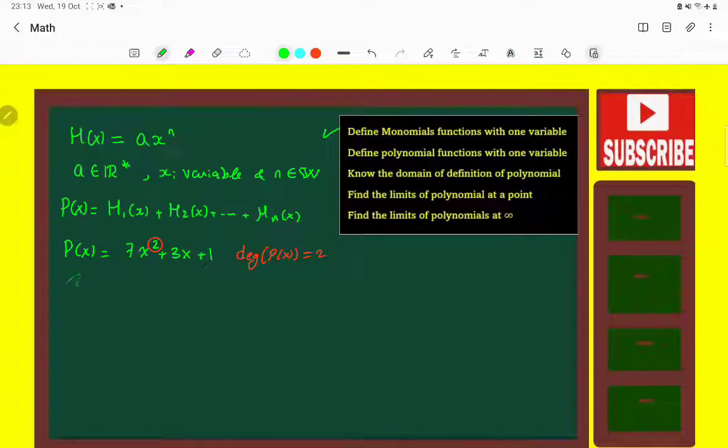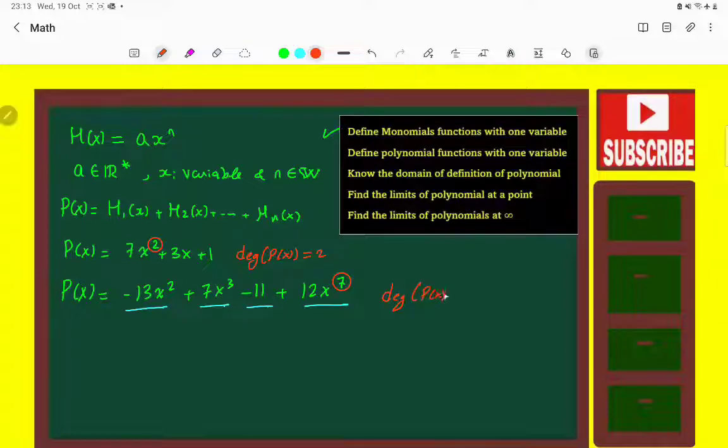Another example, I can take p of x equal negative 13x power 2 plus 7x power 3 minus 11 plus 12x power 7. Also here, this polynomial is given as addition of monomials with different powers. And here, since 7 is the highest power in this polynomial, the degree of this polynomial is simply equal to 7.